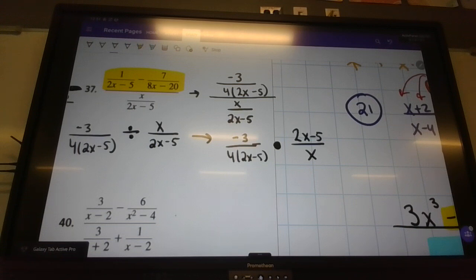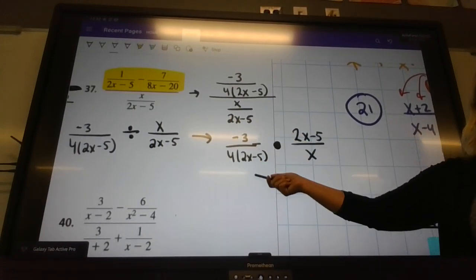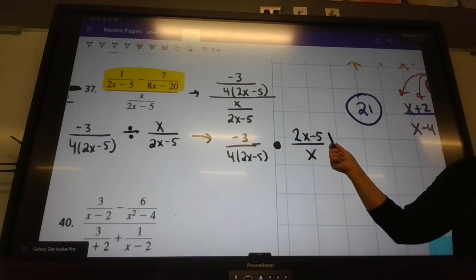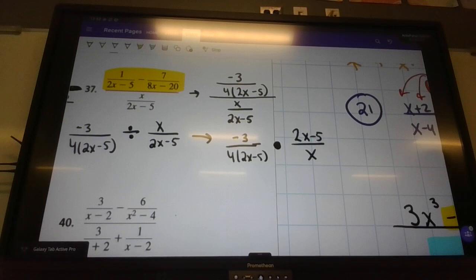And now that it's multiplication, we're going back to the previous section where we said with multiplication, you can reduce up and down and diagonally. So now I can reduce these. Same factors, reduce it. And then our final answer, negative 3 over 4x.